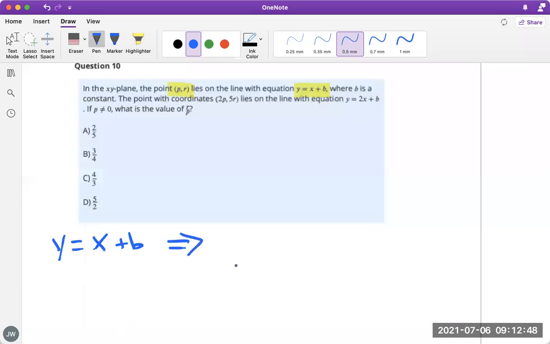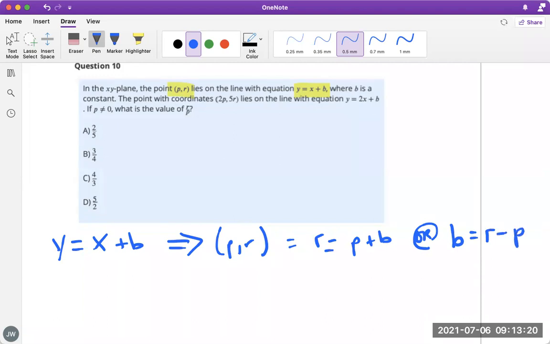And we're going to substitute in (p, r). If p is your x and r is your y, then you're going to get r equals p plus b. And we're solving for our constant b. So we can also say b equals r minus p.